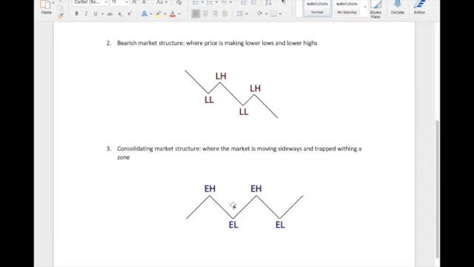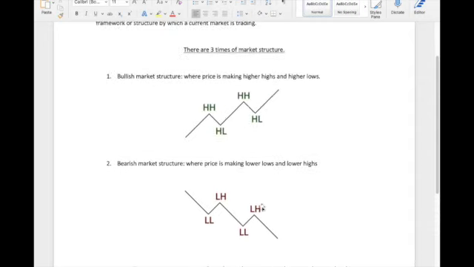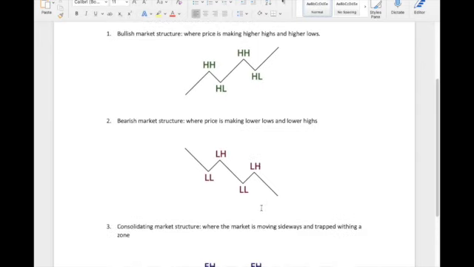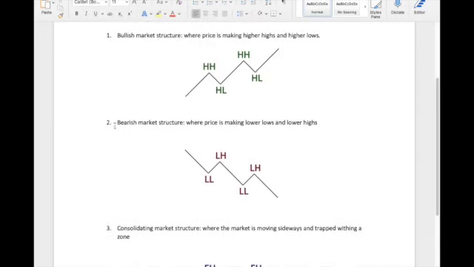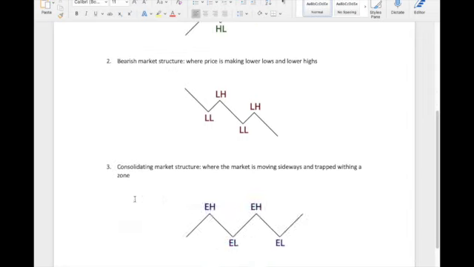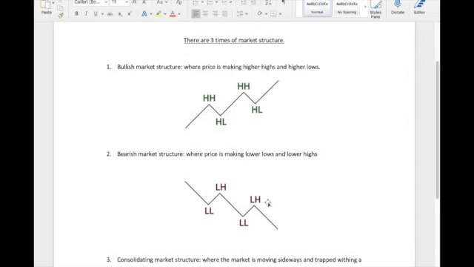That is when the market is moving sideways. You're going to see that it's moving within a range, so it's not going above a certain high and it's not going below a certain low. That is it. These are the only three ways that the market is going to move. It's either going to move up, move down, or move sideways, right?